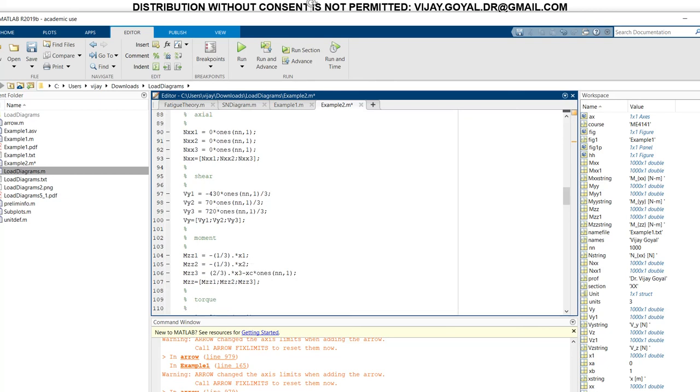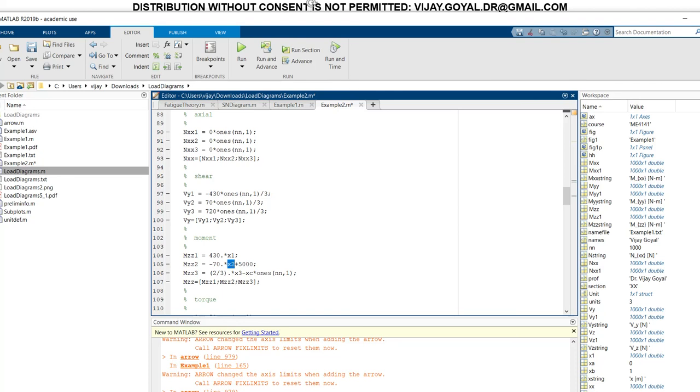And my moment in z, my first value was 430 x1. Second value was, give me a sec, minus 70 plus 5,000. Note that for my second segment, I'm using X2.